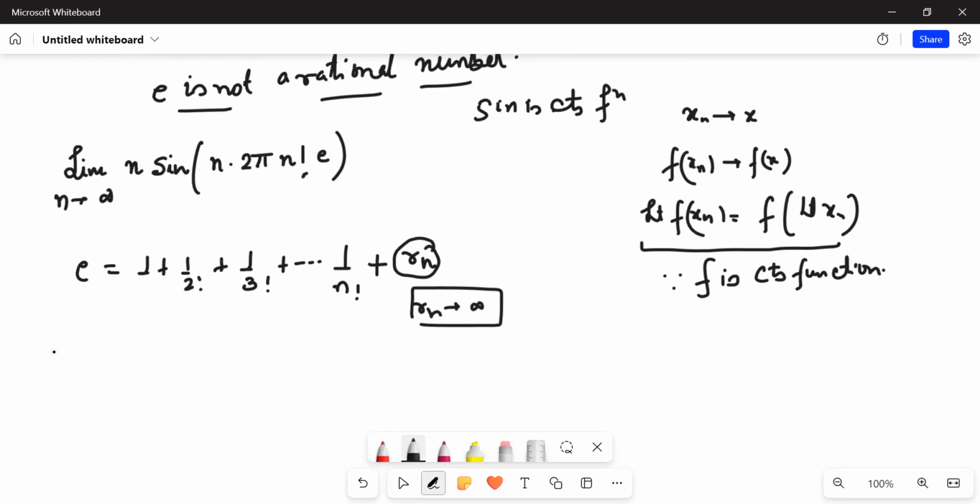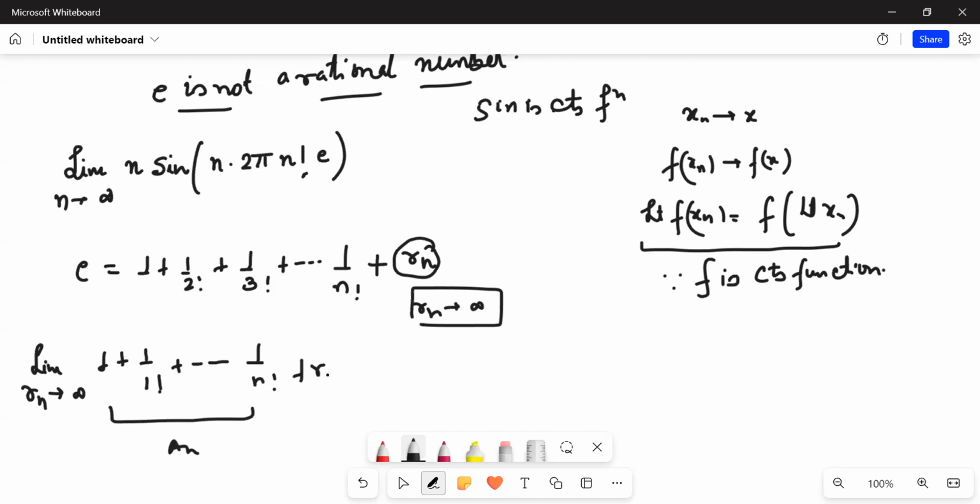So what I can do, I can say that if I'm writing this series with the condition that limit Rn tends to infinity, and remember this is what your An was, plus Rn, this is equal to E. So this particular thing is equal to E. I hope it is clear.